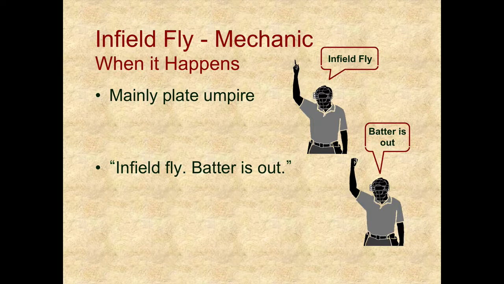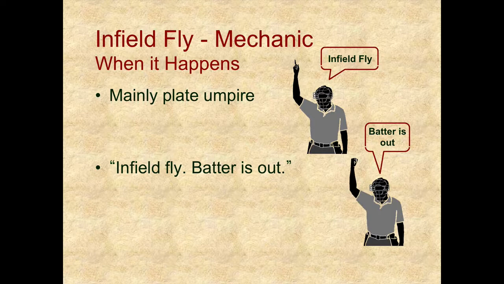Judgment of the ball itself and declaring it belong primarily to the plate umpire. If the plate umpire is unsure, she should look at her partner for help. If it is obviously an infield fly, and the plate umpire has a brain burp of some sort and simply does not call it, the base umpire should be proactive and make the call loudly and clearly.